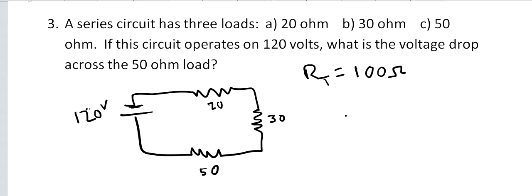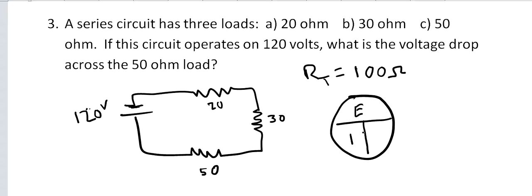Well, we could find the total amperage now that we have the total resistance and voltage. So drawing our circle, volts equals amps times resistance. Now we just plug in our numbers.